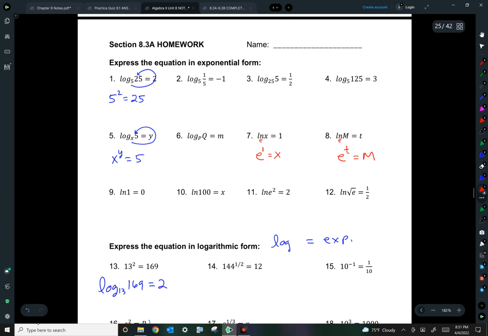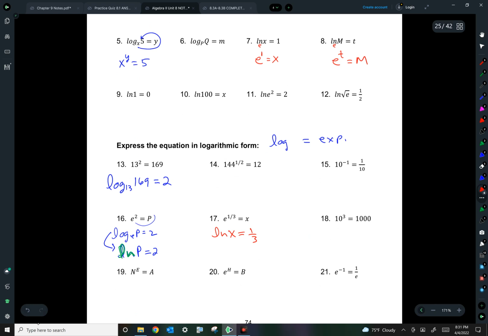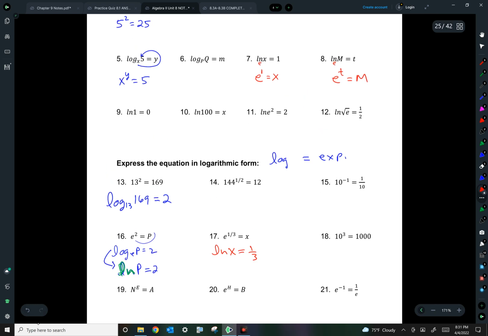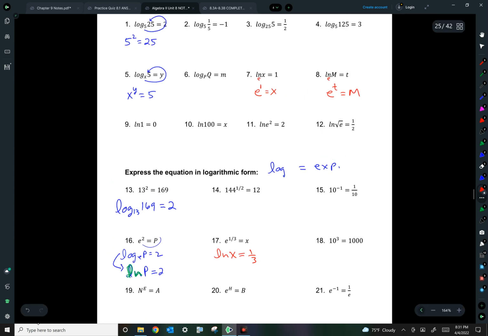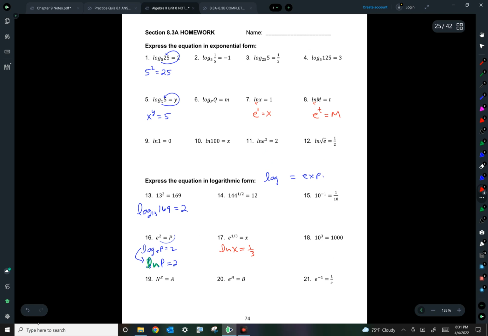So all of 1 through 21 is just practicing going back and forth. If I'm having you do 21 of just practicing back and forth, you have got to understand this notation of how to go back and forth from exponential to log. If you can't do this, you can't do the whole rest of the chapter.